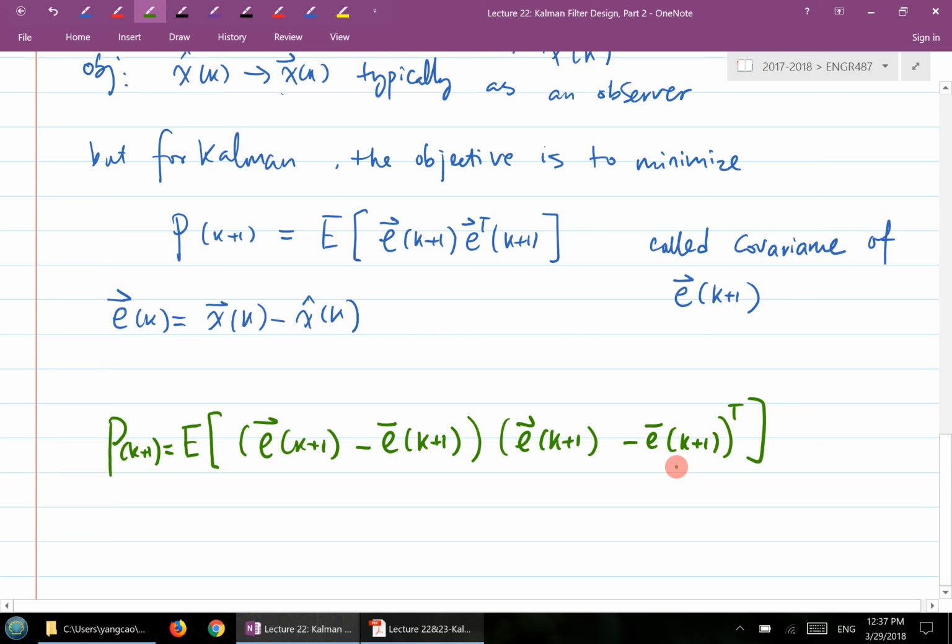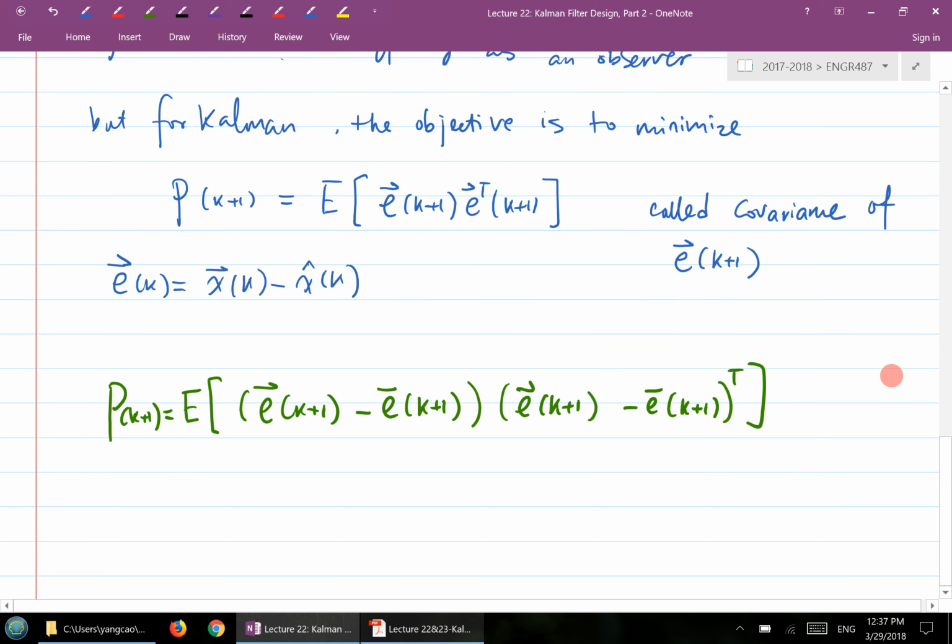But what we do here is assume the so-called unbiased estimation. Unbiased estimate is a very simple concept. Let's say you have a statistic, the mean mu, the expected value mu.